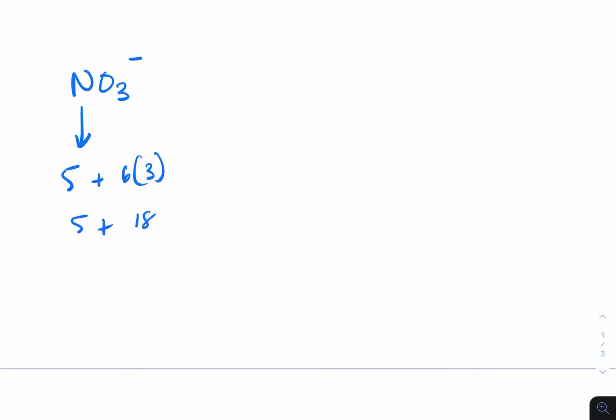So we end up getting 23. That minus charge up there tells you to add 1 to the total number of electrons. Because that minus is there, it's telling you to add 1. So you really have 24 total electrons in nitrate.